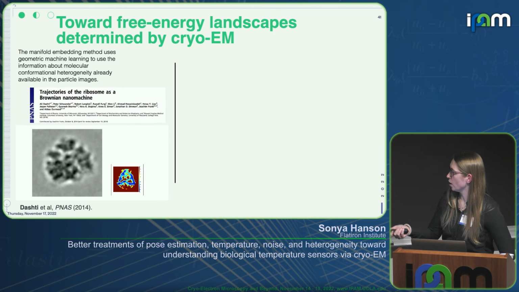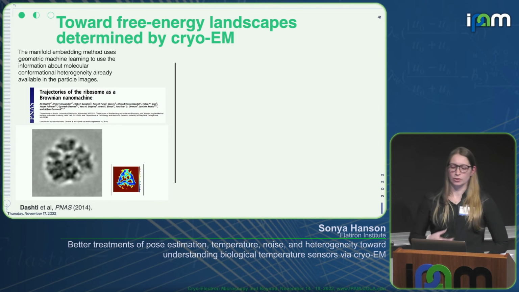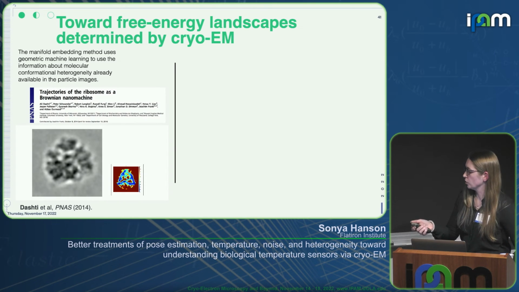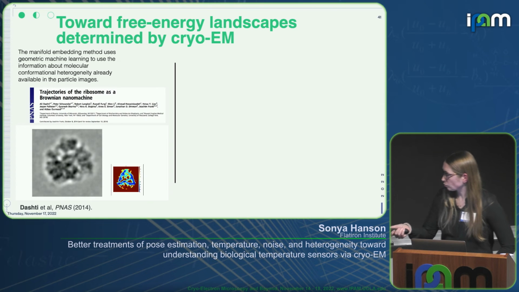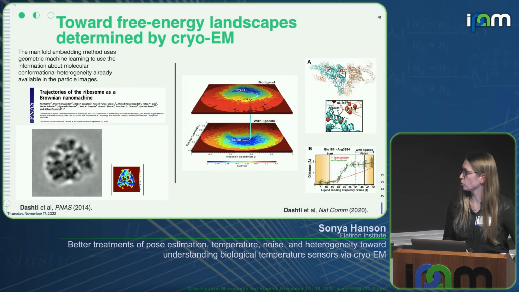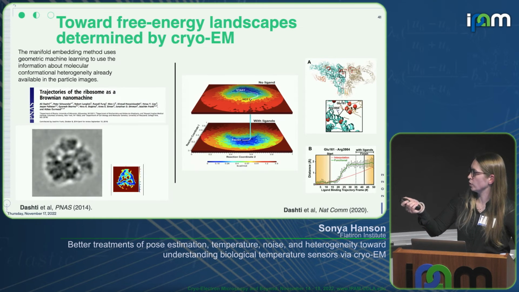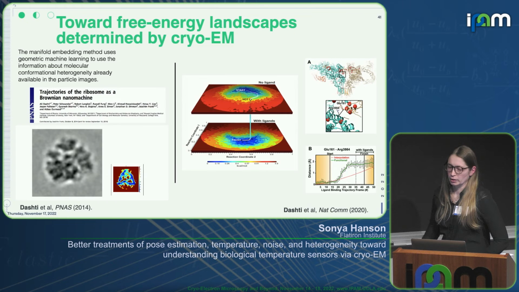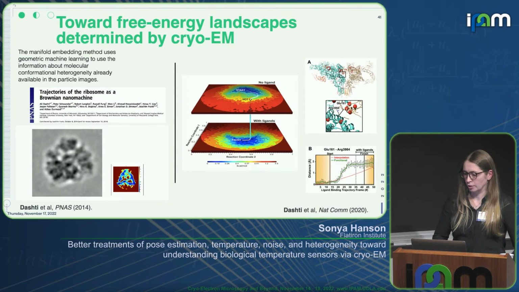This method was first proposed by Abbas Ormazd and Joachim Frank for this ribosome data set. And more recently, they've shown it to be useful for understanding the conformational change between the two states of ryanodin receptor, going from a ligand-bound to ligand-unbound state.